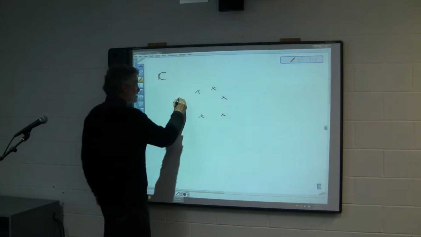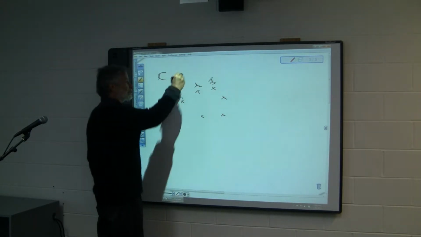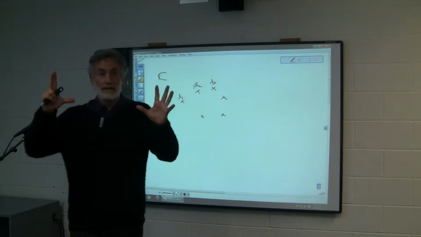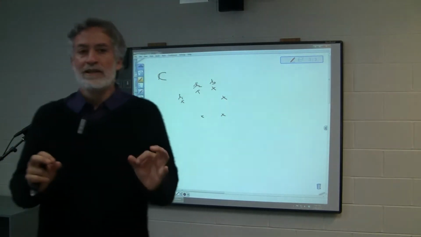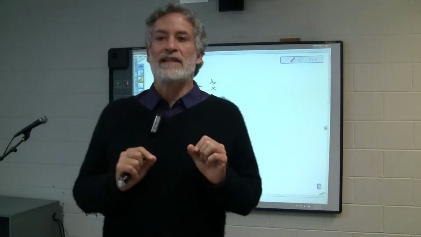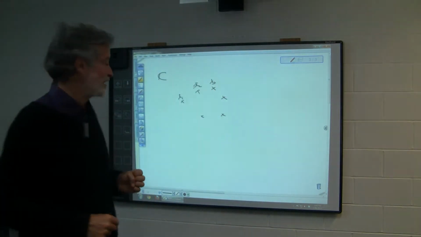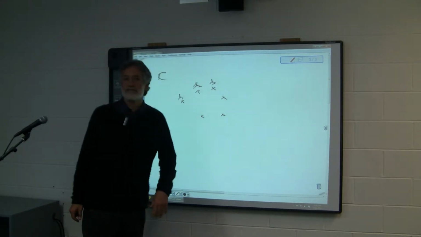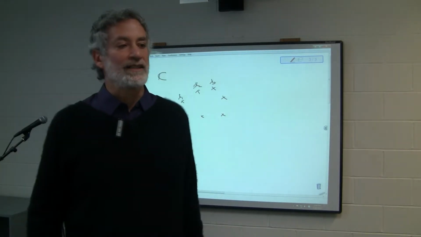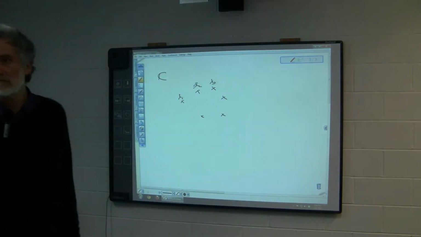If this is lambda 1, this is lambda 2, this is lambda 3, and so on, I can take x minus lambda 1 times x minus lambda 2 times x minus lambda 3, and this way I create even a polynomial which vanishes at all of these points except one. I can normalize it to be 1. I can normalize it to be anything. And by taking linear combinations of such polynomials, I can get the function to take any values I want at the finite set of points. There's somehow no restriction.